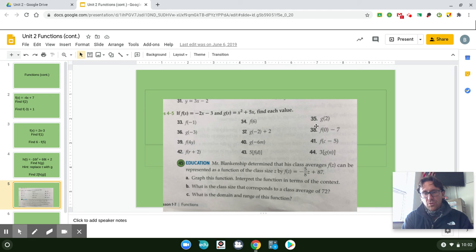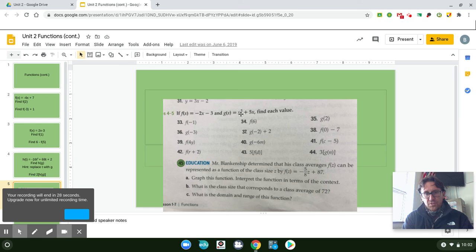Now, g of 2, that means you're going to plug in 2 into this g equation. So 2 squared plus 5 times 2. Okay. If you look at 37, you got to plug in -2, get your answer, and then add 2 at the end. Okay. And they get harder as we go, obviously.